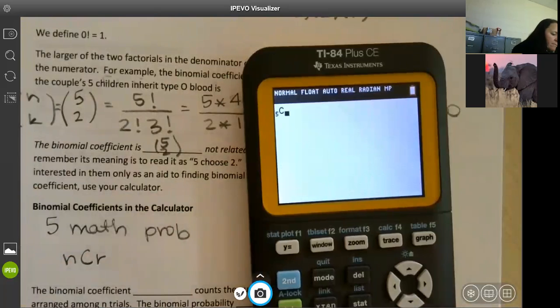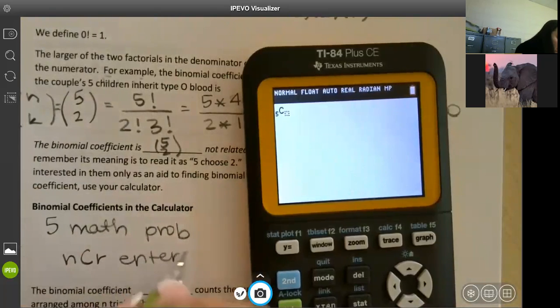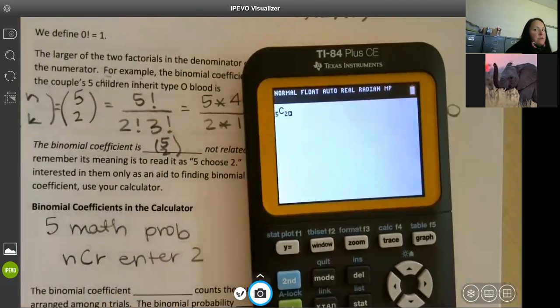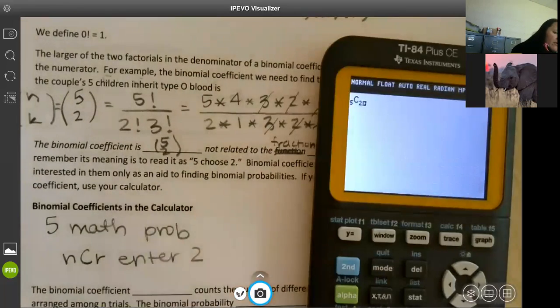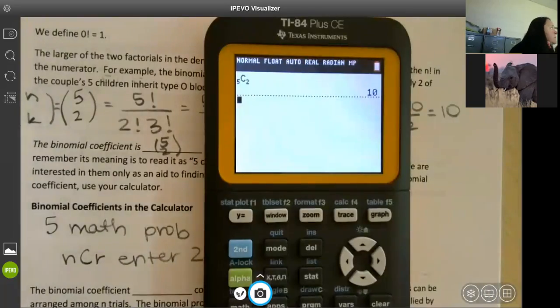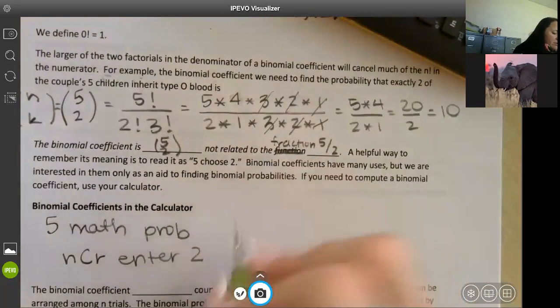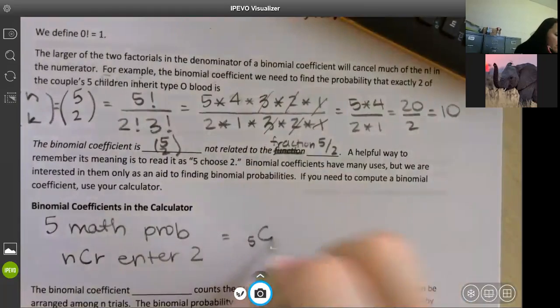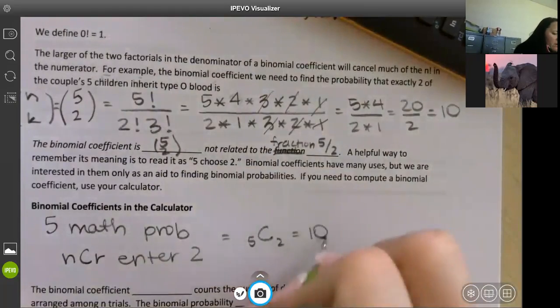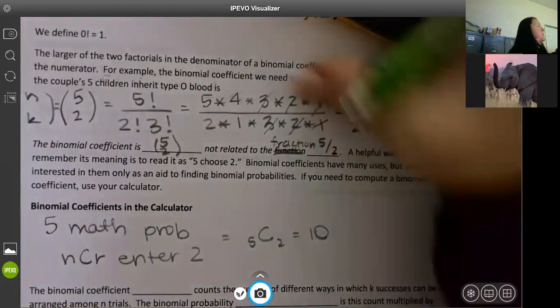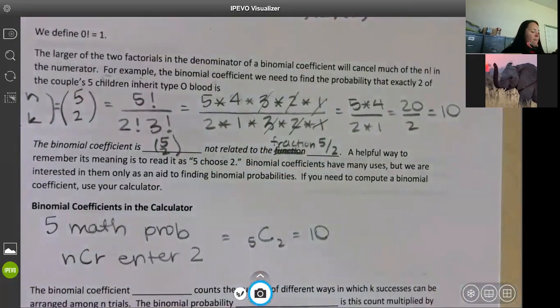I'm going to hit enter. And then I'm going to put my number in, which is 2. 5 choose 2. You can remember 5, choose is C, choose 2, so you don't use the P one. And then when I hit enter, it's going to give me 10. So you don't have to do the factorials. Everybody good? All right.